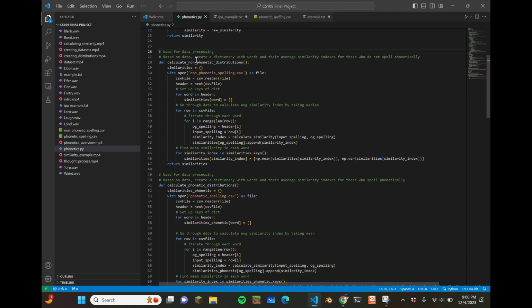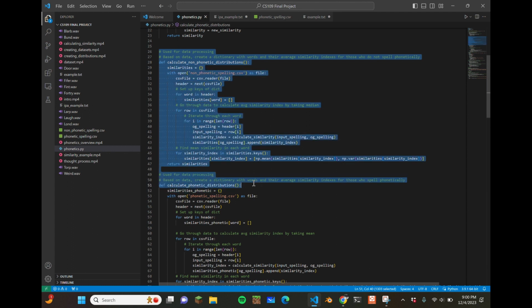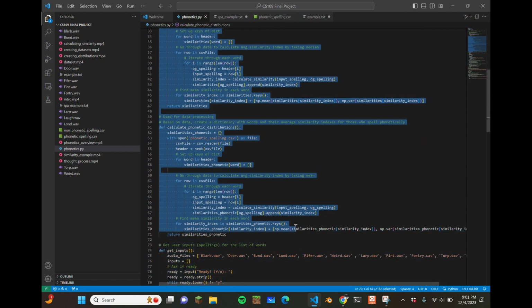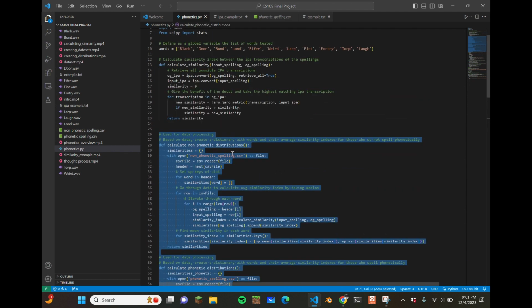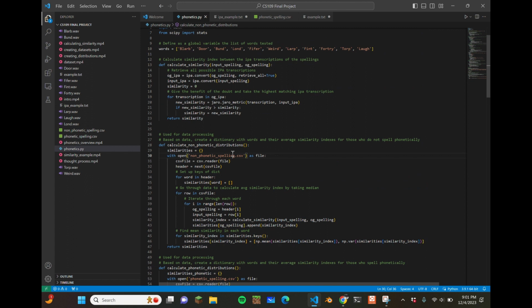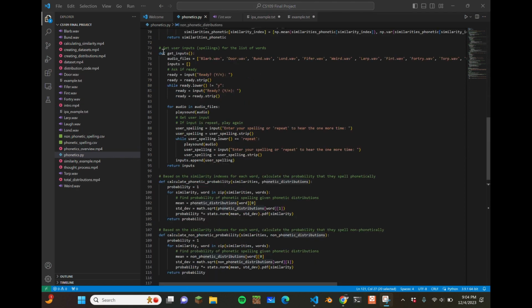So having this numerical way to calculate phonetic similarity, I was able to create a bunch of distributions. Each of the 11 words I had originally created had two distributions: a similarity index distribution for non-phonetic spellers and a similarity index distribution for phonetic spellers. Because they were normal distributions, they had a mean and variance for the similarity index between the original spelling and the attempted spelling.